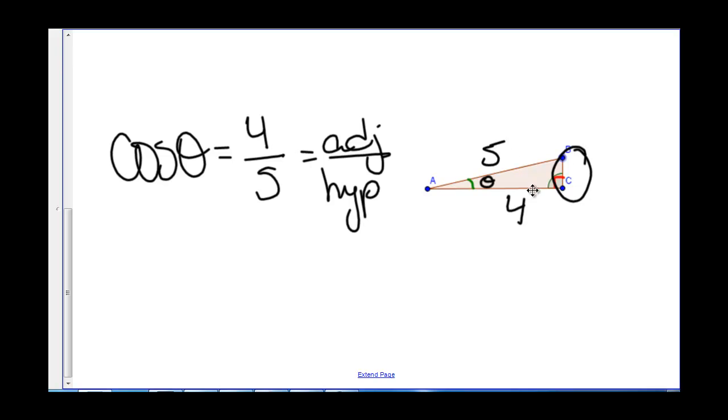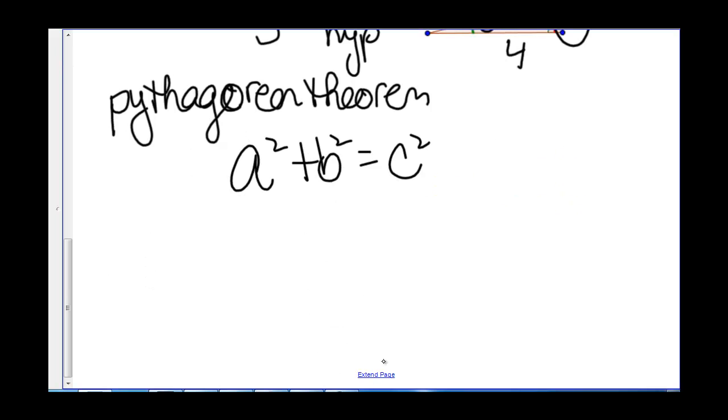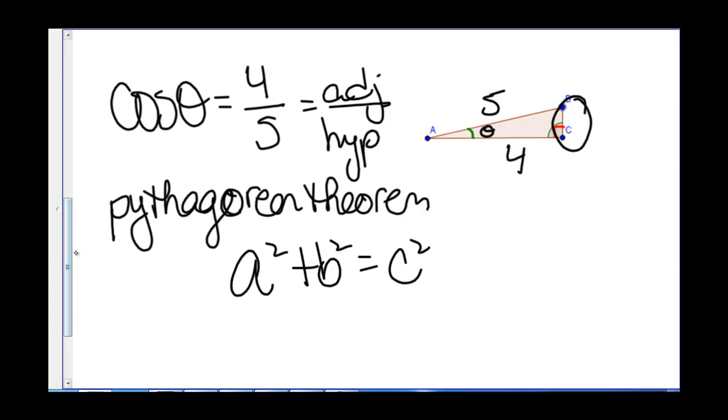We have a right triangle with two sides, so we can use the Pythagorean Theorem. So that tells us that a squared plus b squared equals c squared, and those are the sides. So b is 4, a is what we're looking for, and c is 5.